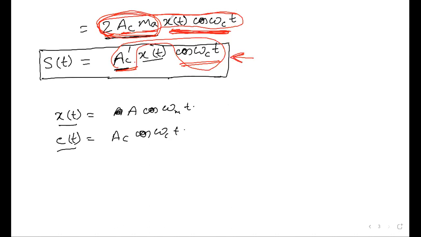In this whole signal, I have taken 2 AC MA as a constant AC dash, but we are interested in the components which are generated through this modulating signal. So in this ST that we have got, for the frequency components, I took xt as an example, a cos omega mt, and ct as AC cos omega ct.